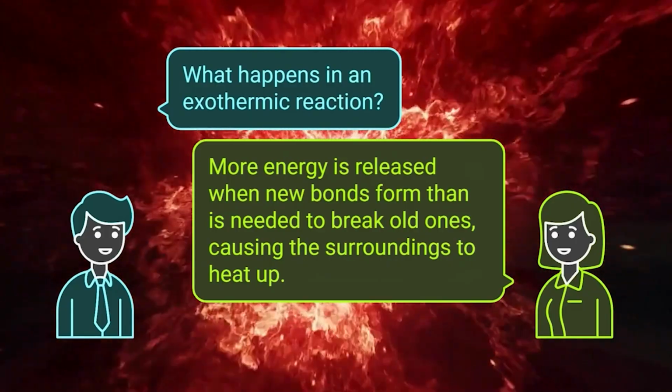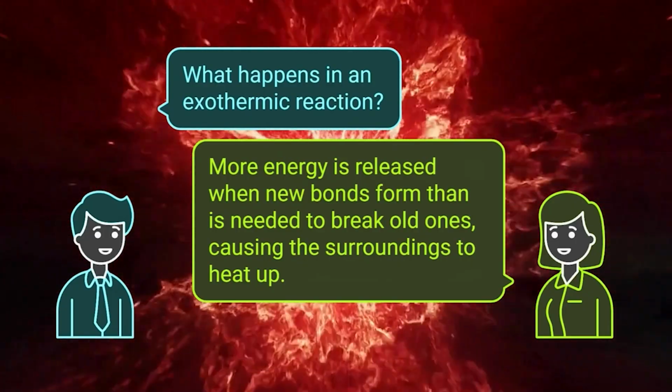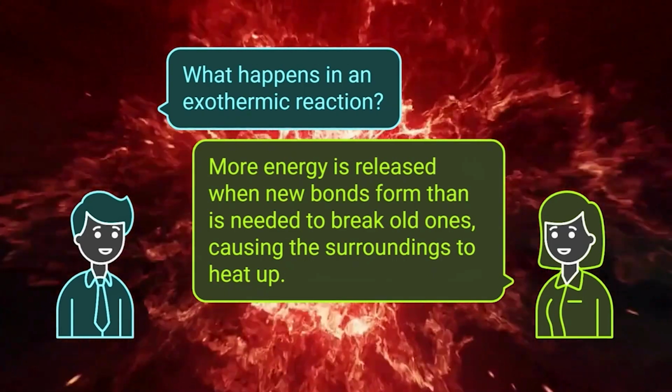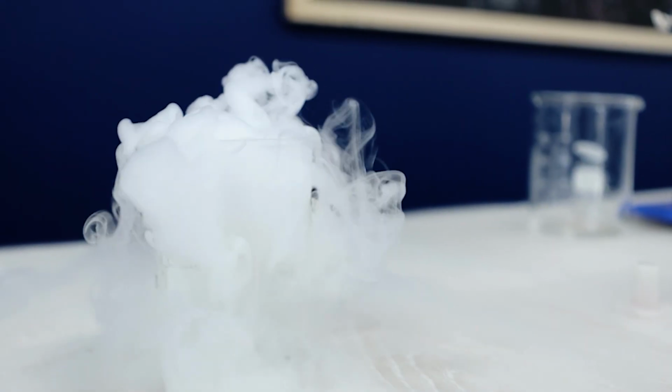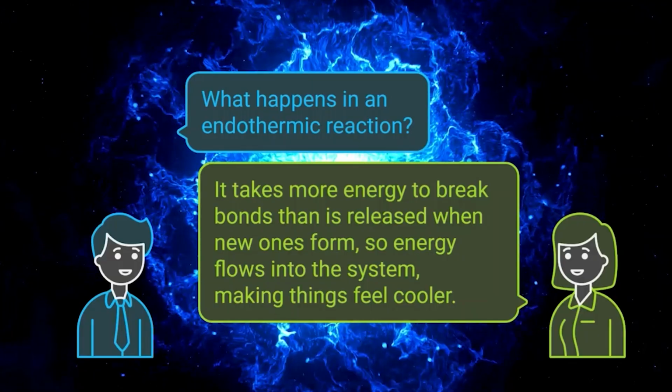In an exothermic reaction, the energy released when new bonds are formed is more than the energy needed to break the old ones. That extra energy flows to the surroundings, so you might feel your beaker getting hotter. In an endothermic reaction, it's the opposite.